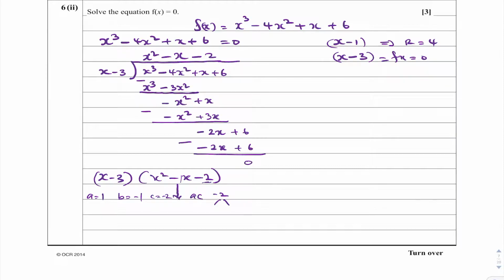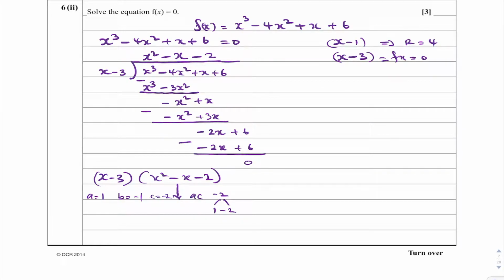So let me just take them out. Okay, so AC is 1 times minus 2. We want two numbers that multiply together to give minus 2, and when I add them together, I get minus 1. Let's start with 1 and minus 2.